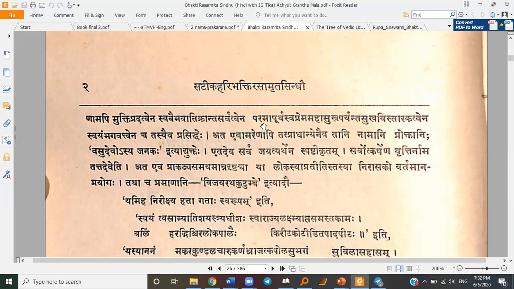Shri Krishna is the one, Parama Apurva Swaprema Mahasukha Paryanta Sukha Vistarakatvena. He is the only one who can expand, or spread, or deliver the happiness, the bliss, which is Parama, supreme, which is Apurva, unprecedented, nothing like that, incomparable.